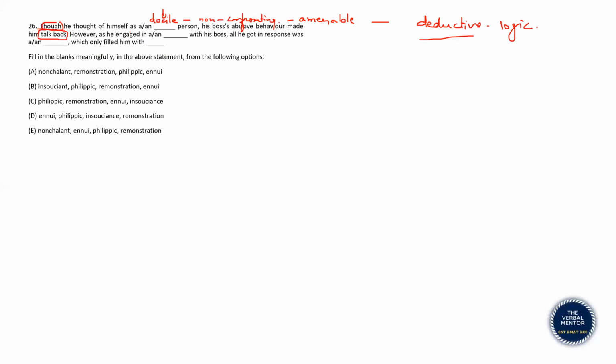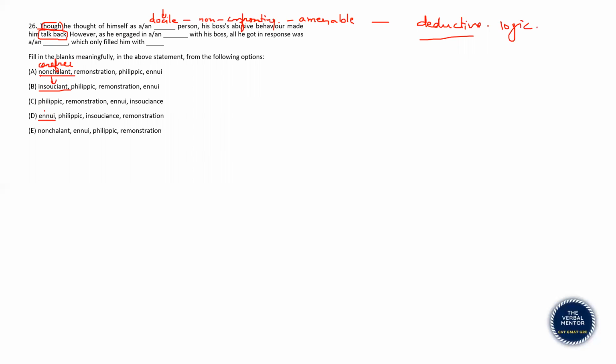So though he thought of himself as a docile, non-confronting or amenable person, option A says nonchalant, which means carefree. Could be the answer. Though he considered himself carefree, his boss's abusive behavior had him talk back. Okay. Insouciant means the same, carefree. So there's no real difference between the two.